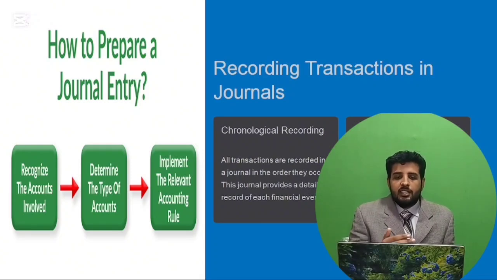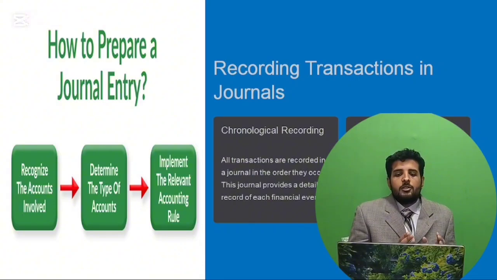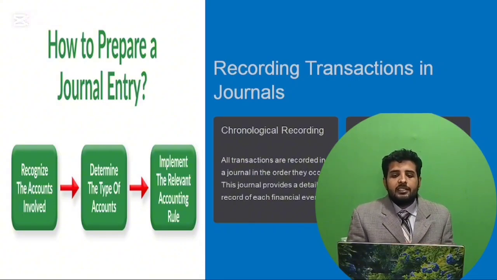Then the third component is amount. It is the monetary value of the transaction that is listed under the debit and the credit column. Then finally there is a description, or you can call it an explanation if you want to. It is a brief description of the transaction which ensures clarity and traceability.